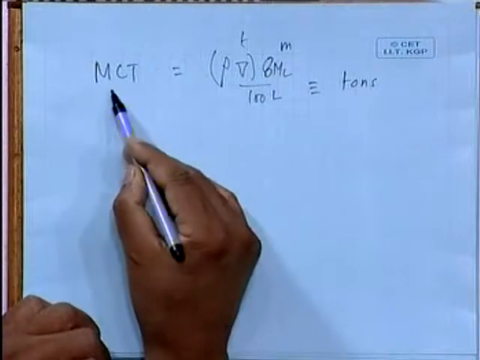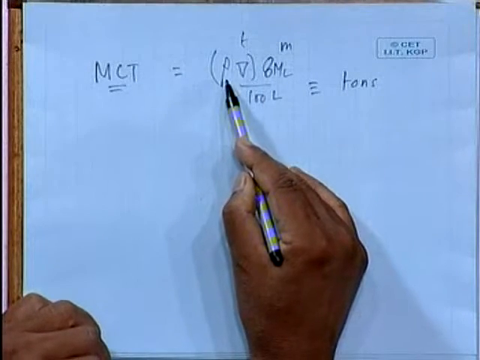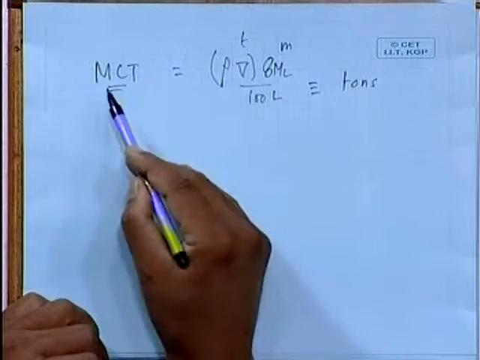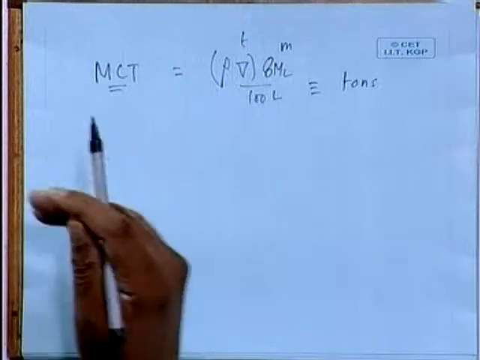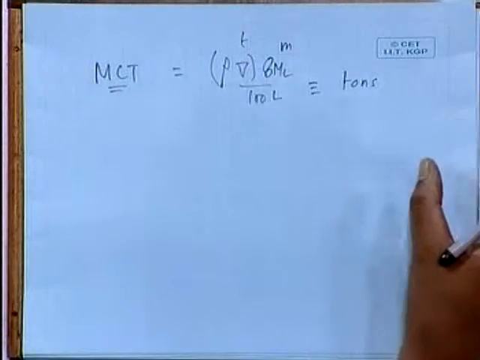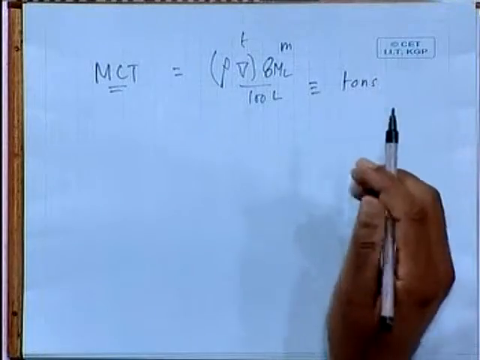What happened is that with this MCT, if you want to find out quickly how many tons, if shifted from here to there, will change the trim by 1 centimeter, you end up getting a unit of this ton. In fact, it will become ton meter, because this L takes care of the trim part.